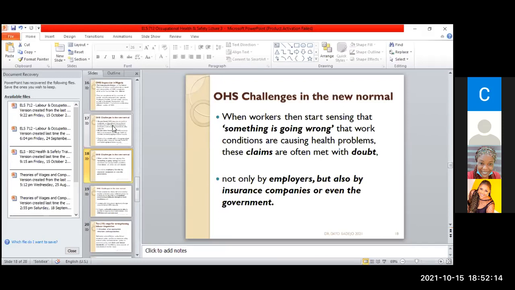The insurance companies also are culprits in this. Now we talk about group life insurance, this insurance, that insurance in the workplace, but in most cases, there's always compromise. So it's when you have issues that you appreciate the need for a proper enforcement unit in place when it comes to occupational health and safety.